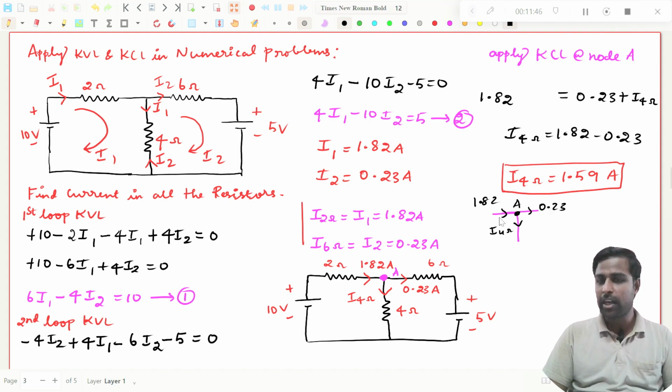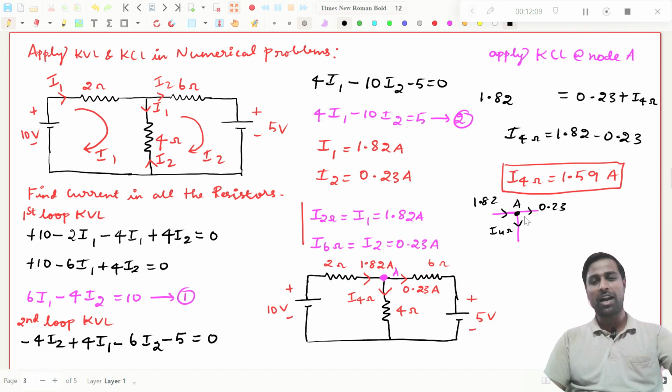You have given 1.82, and you are taking 0.23 in this branch. Then how much current would have flown in this branch? Obviously this branch will get 1.82 minus 0.23. That is what we have found here.